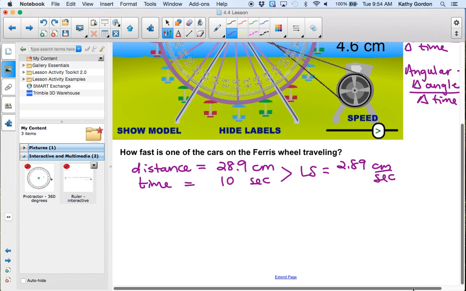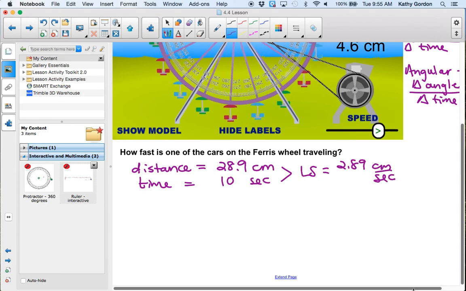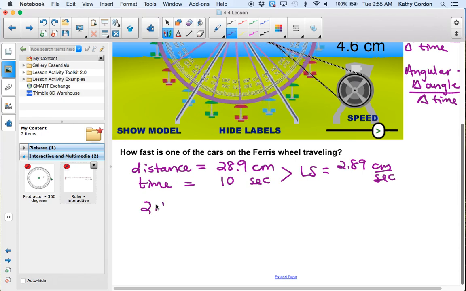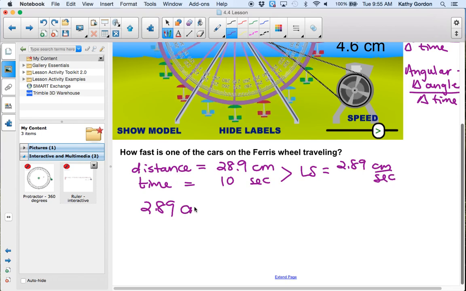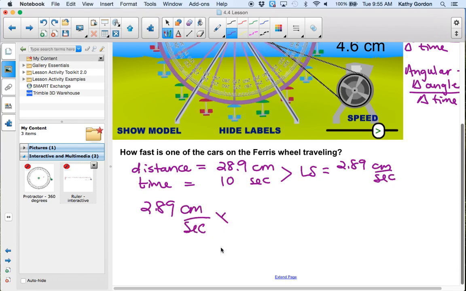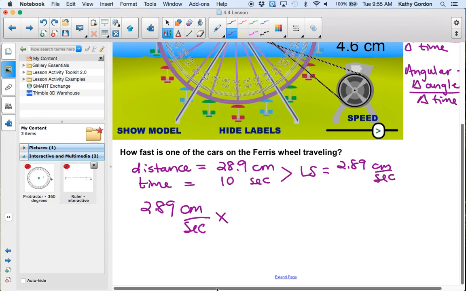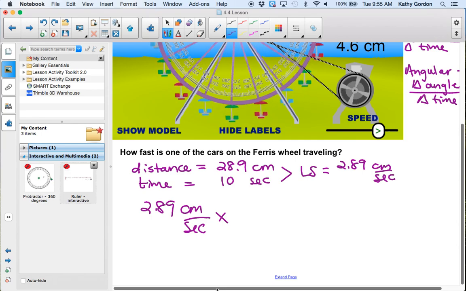So, we're almost out of time. Let's do a quick conversion to something that makes sense. Change it to kilometers per hour. How do I do that? You multiply by 3,600 to get hours. You've got to use your unit analysis.